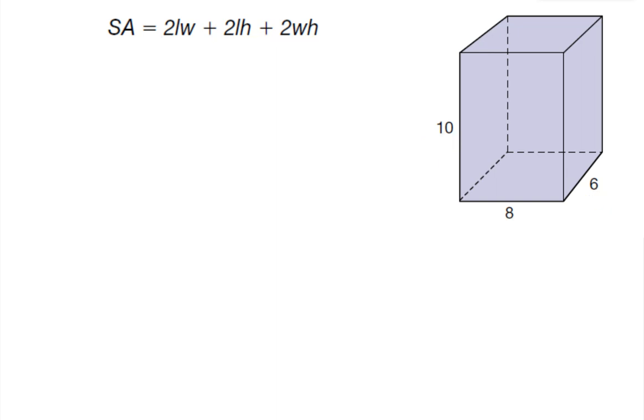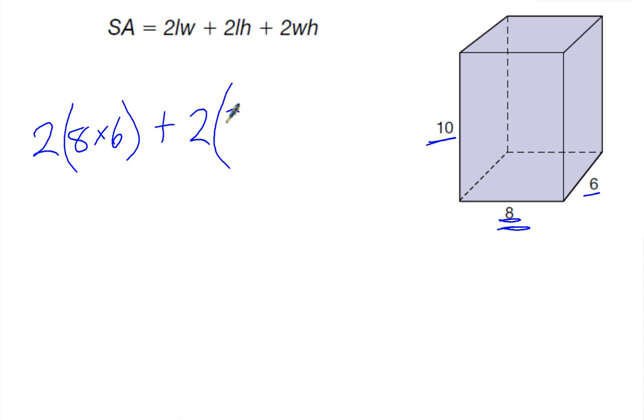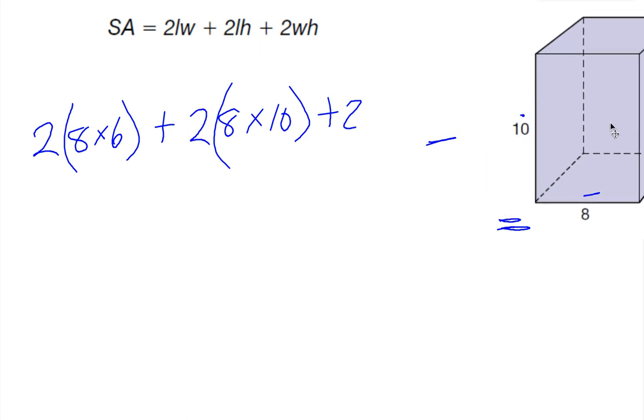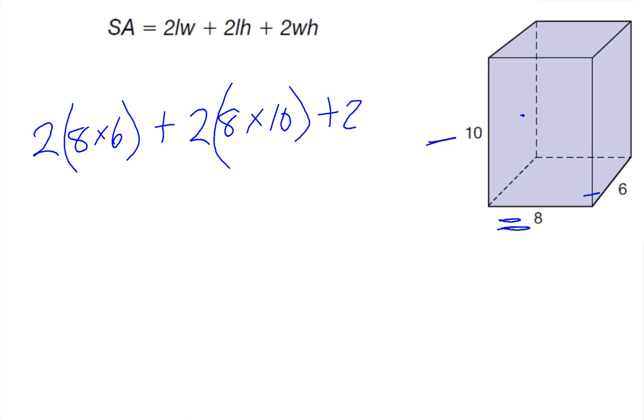Okay, so to show you how this works, we're going to have 2 times the length times the width. So that's going to be 8 times 6, plus 2 times the length and the height, so 8 times 10, plus 2 times the width and height, which is 6 and 10.